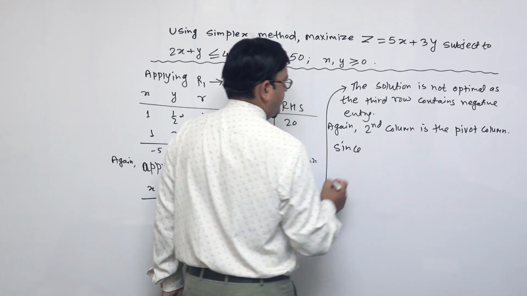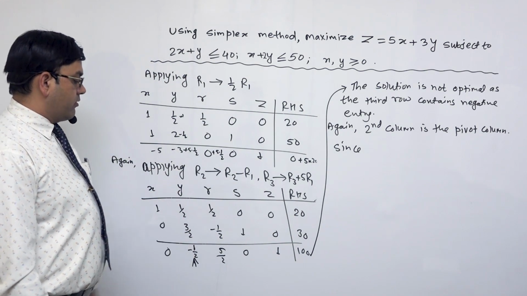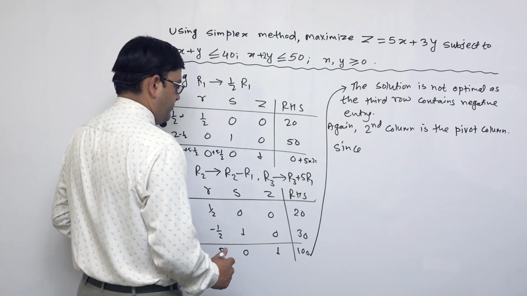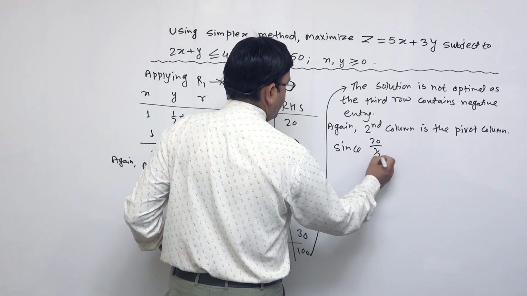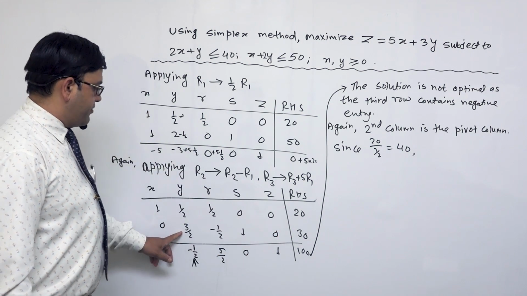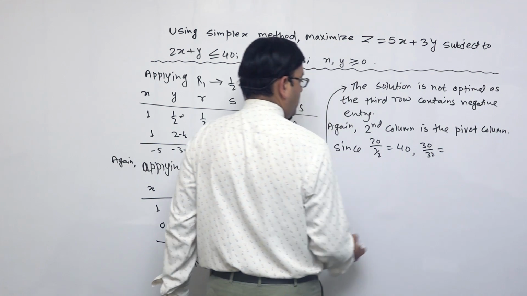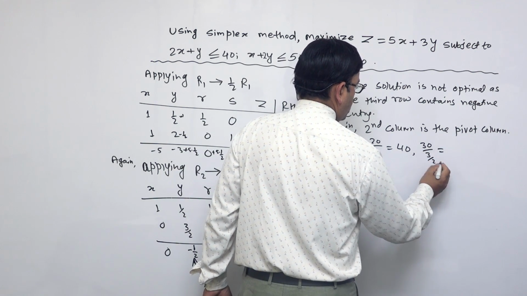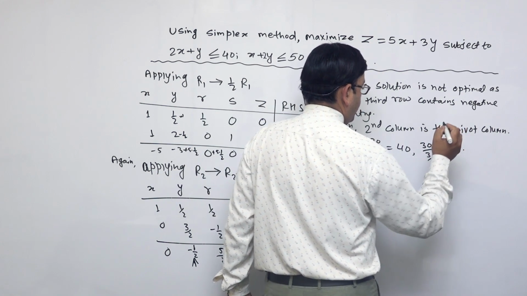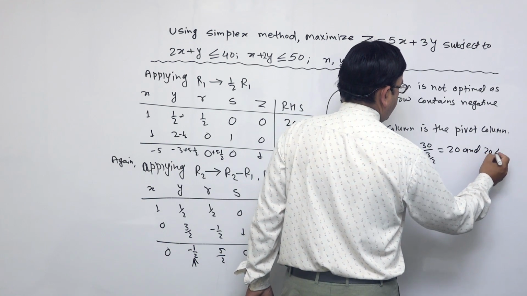Look, this second column is our pivot column. Now we have to find out which is the pivot element. To find the pivot element, we divide this by this: 20 divided by 1/2, so we can write, 20 divided by 1/2 is equal to 40, and next 30 divided by 3/2. 30 divided by 3/2, the 2 goes up, therefore it is 20. So this is 20, this is 40, and 20 is less than 40.